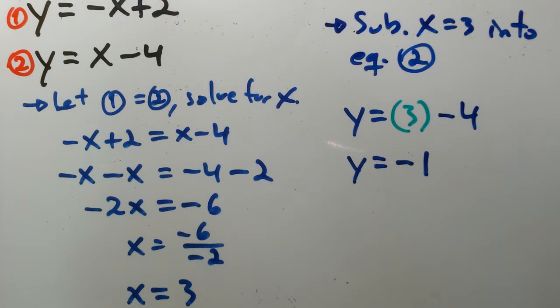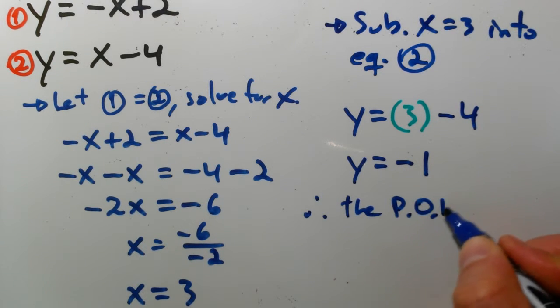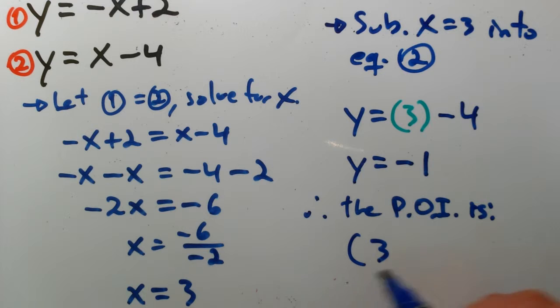That's it. We know what our point of intersection is, so we can say therefore the point of intersection between these two lines is 3, because it's our x value, and y is equal to negative 1.